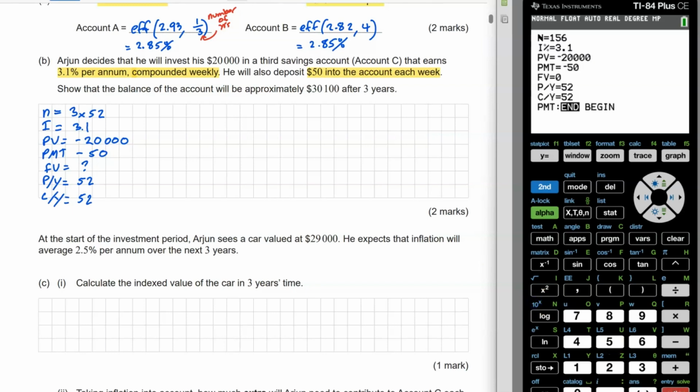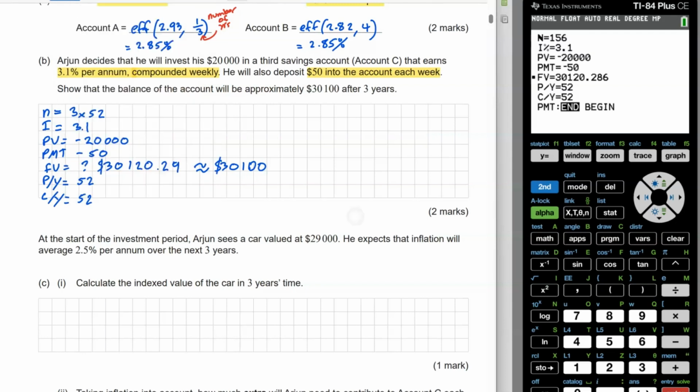Everything else seems fine, so we're going to alpha solve this for the future value, and we get $30,120.29, which is approximately equal to the 30,100 that we needed to show.